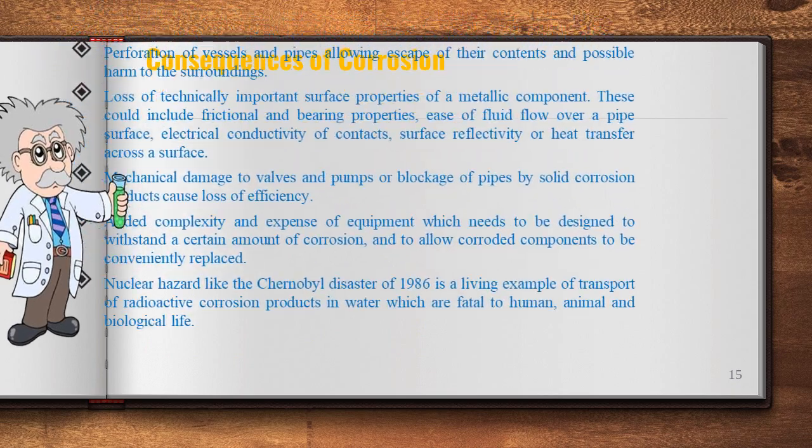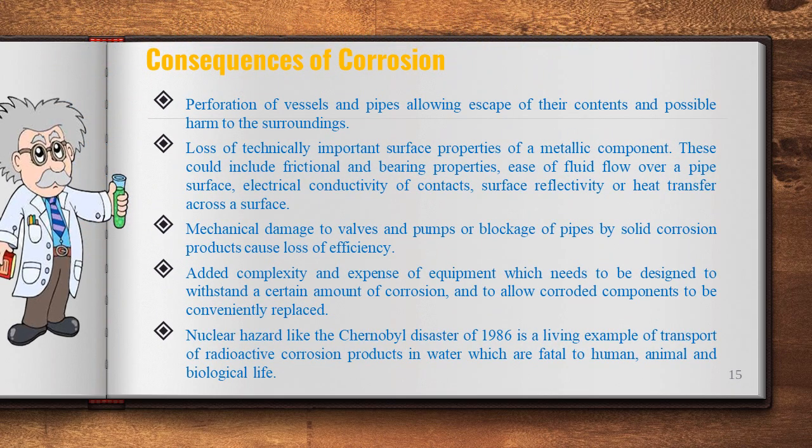The other consequences of corrosion can also be listed as the perforation of vessels and pipes, allowing escape of their contents and possible harm to the surroundings. Loss of technically important surface property of a metallic component.